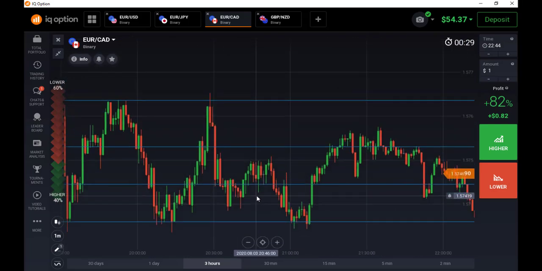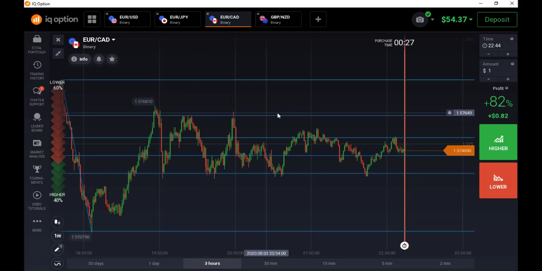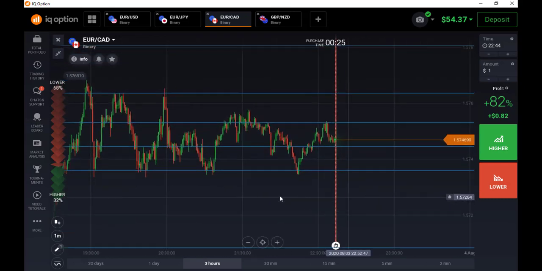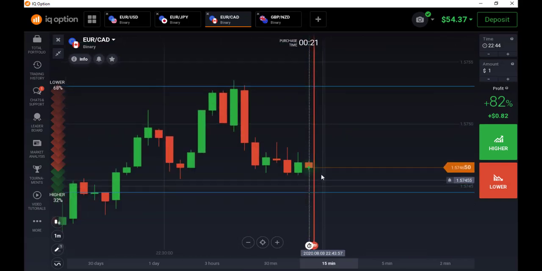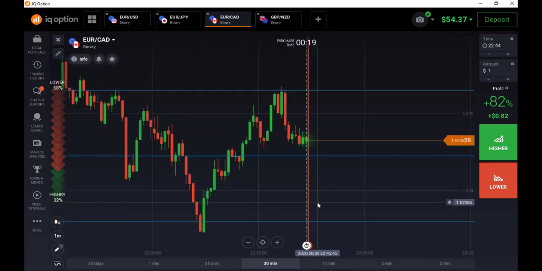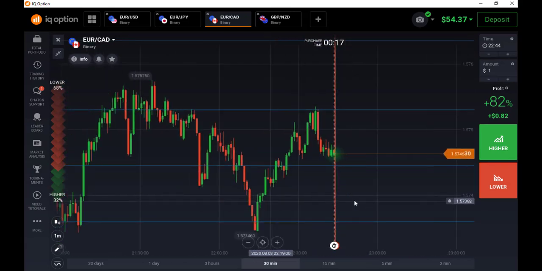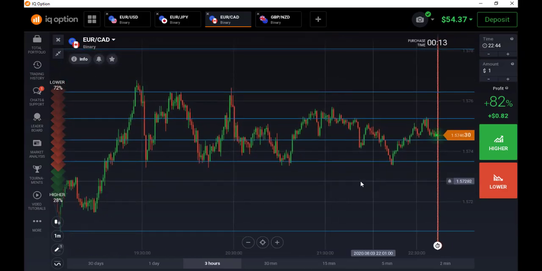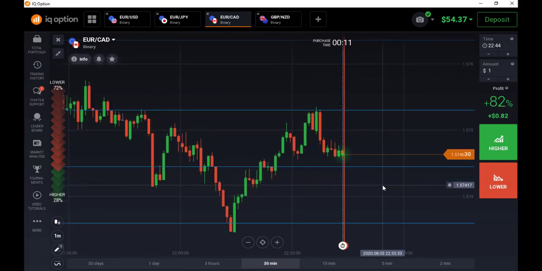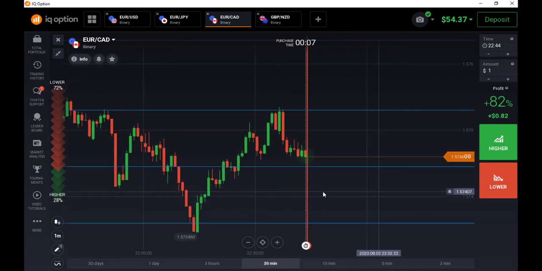Yes, this line is quite resistance, and this one is resistance. Let's wait for this movement, and I believe at that 61.8 point, that line will be acting as a support.